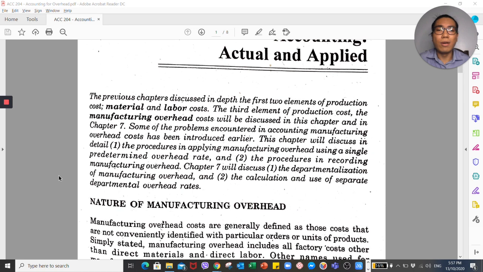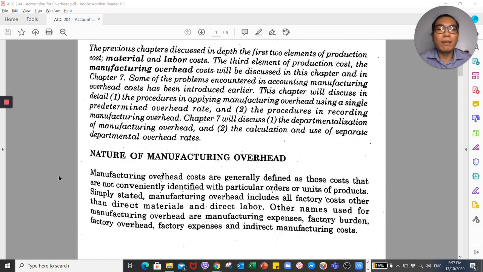Make sure that you recall the concepts of our job order, accounting for materials, and even for labor, because all the topics we have touched on might be relevant in understanding the nature of our manufacturing overhead costs.